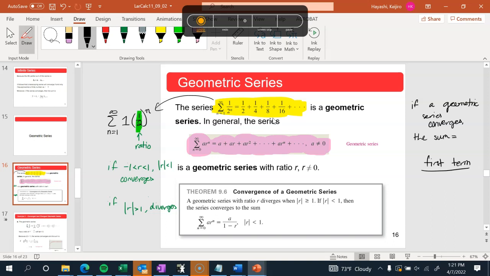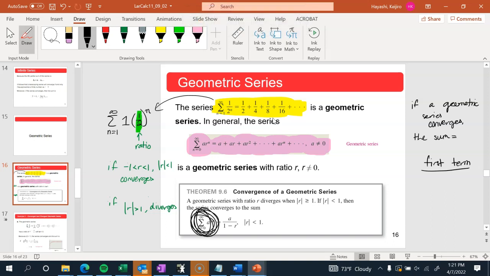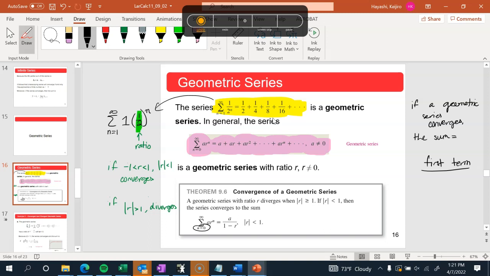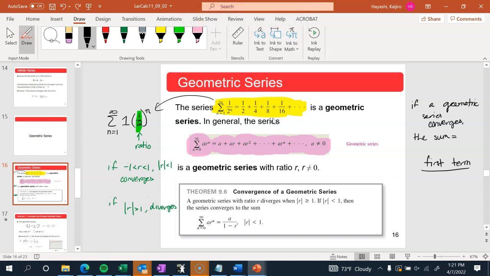This formula depends on n starting at 0. But if you put whatever the first term is on top, and put that over 1 minus r, then you won't have to worry about whether you're starting at 0, or 1, or n equals 2. It's just whatever term you have first on top, divided by 1 minus the ratio.